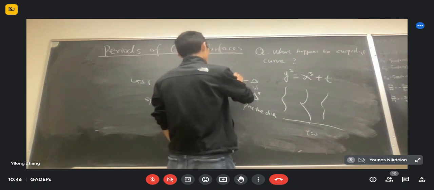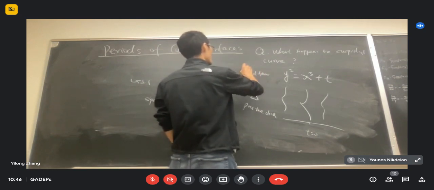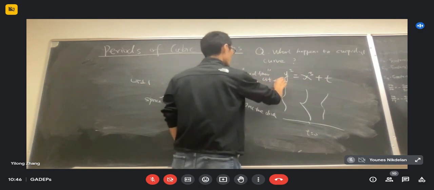So we obtain a good fiber at t equals 0.